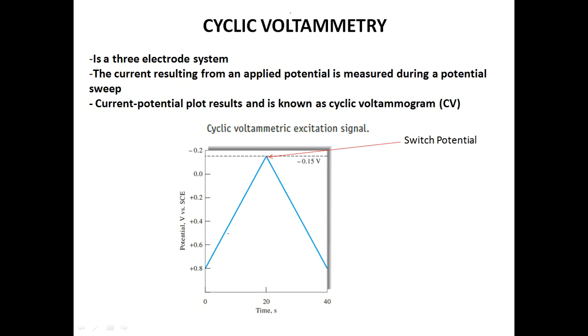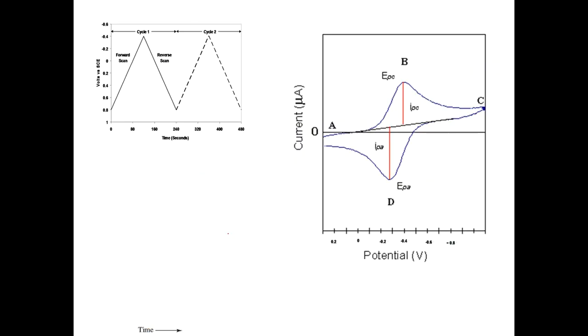The plot you get will be similar to this. Here, this is one cycle of forward and reverse scan, then the second cycle. So you can do multiple scans. In the forward scan, the potential goes from positive to negative.